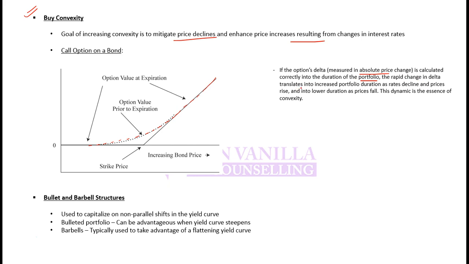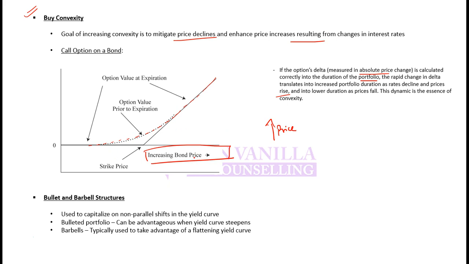The rapid change in delta translates into increased portfolio duration as rates decline and prices rise, and into lower duration as prices fall. What we mean by this is that if the bond price is increasing, what is the call option? A call option is the option to buy back the bond at a specific price.